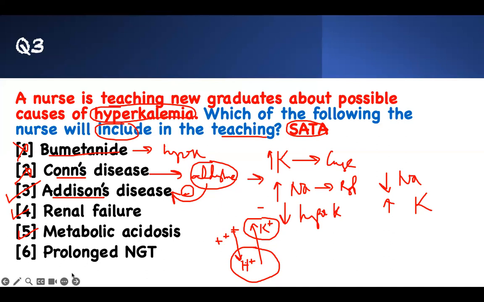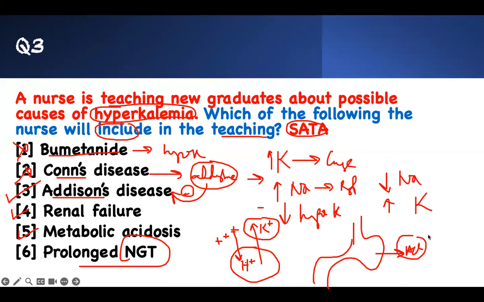Right? So, prolonged NG tube. If you have an NG tube in your stomach, what is in your stomach? You have acid. You are removing all the acid and the sodium, and then you lose your sodium. What is the kidney going to do? It says, I've lost all my acid, I've lost my sodium, I'm dehydrated. I need more sodium. The kidney will take sodium back and get rid of the potassium.